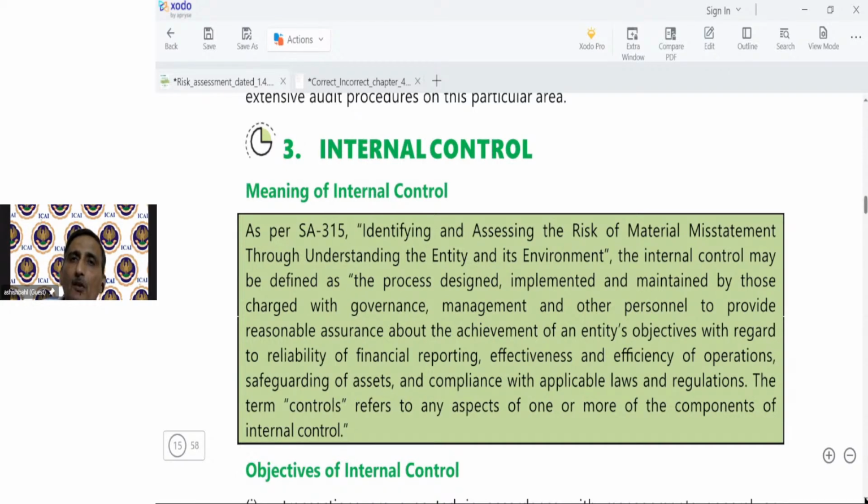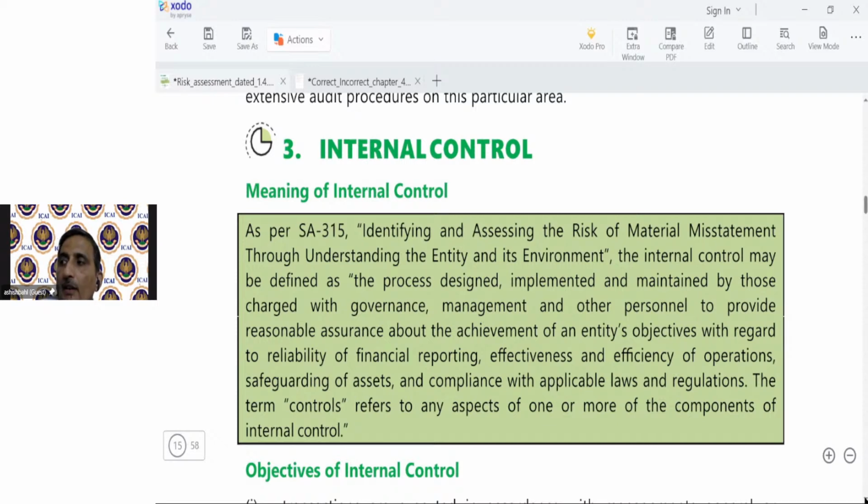Say if you correctly know that this situation or question is asked from SA 315, then only write that SA 315 states so. Otherwise, do not quote. If you quote wrongly, then you may be penalized. But if you do not quote, and you are writing it in a slightly general way, then it may escape the attention of the person who is checking your copies.